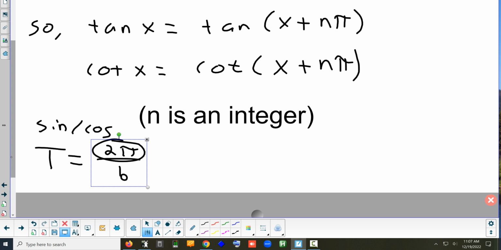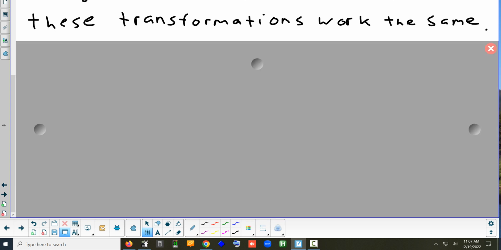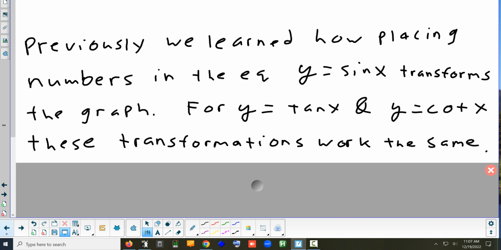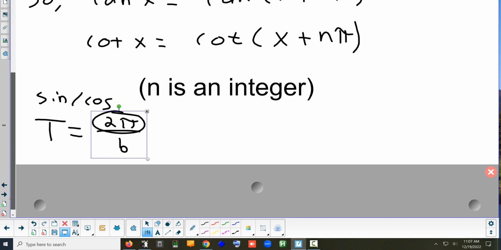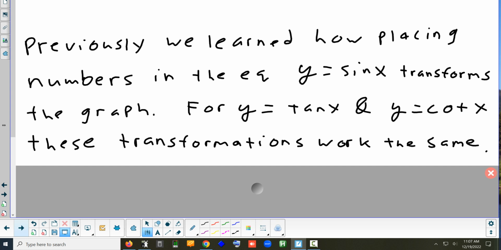What do you think the 2 pi would be? Just pi. The number on top is the original period. For tangent and cotangent, that would be pi. I'm going to write that down in a minute anyway, but it's going to become pi over b.